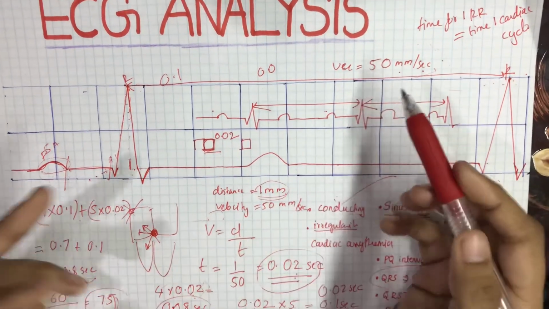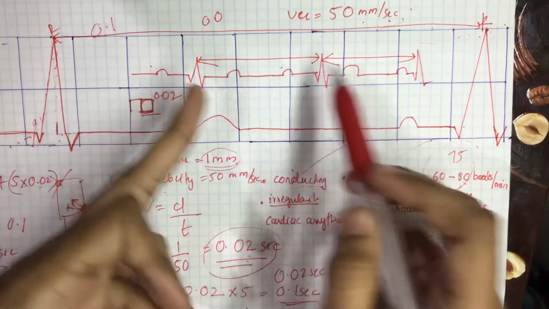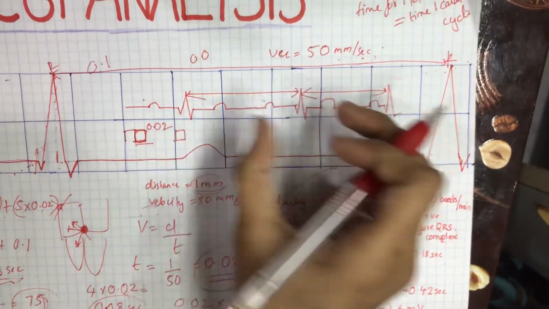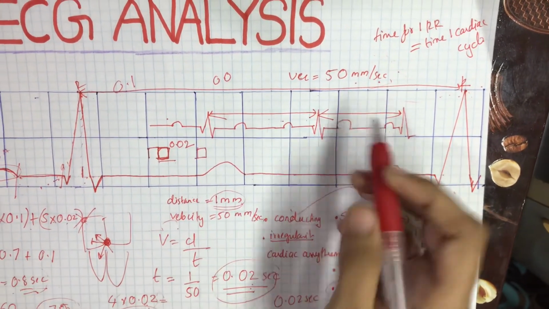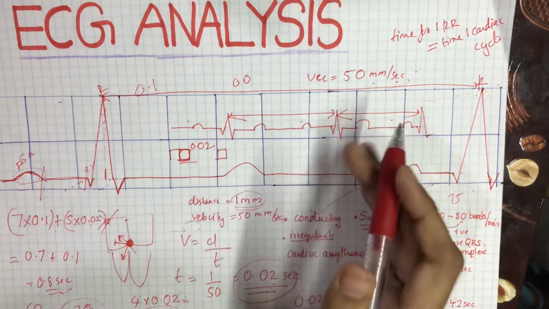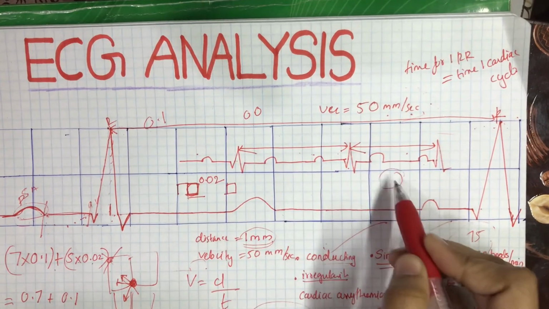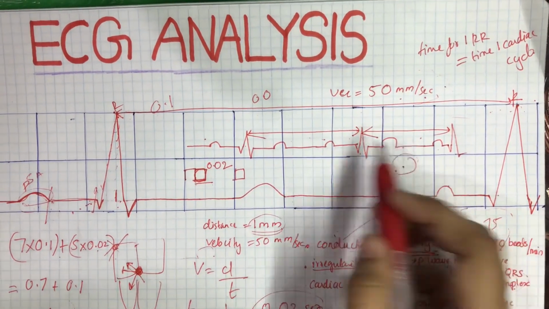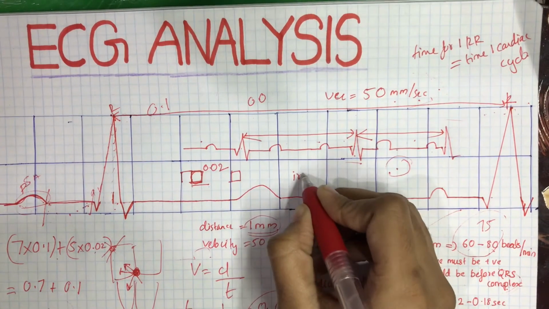When we look here, the RR interval in the two cases is different. The first RR interval is much bigger than the second. So it is not regular. The second heartbeat is much faster than the first one, or the time is very less for the second heartbeat. So the RR intervals are not the same. Then we can tell the heart is not regular, that it is irregular.